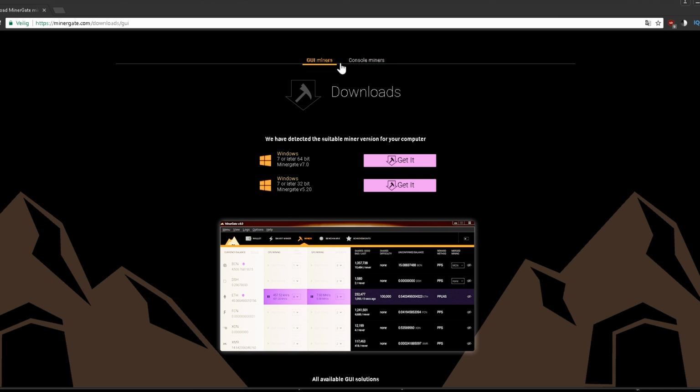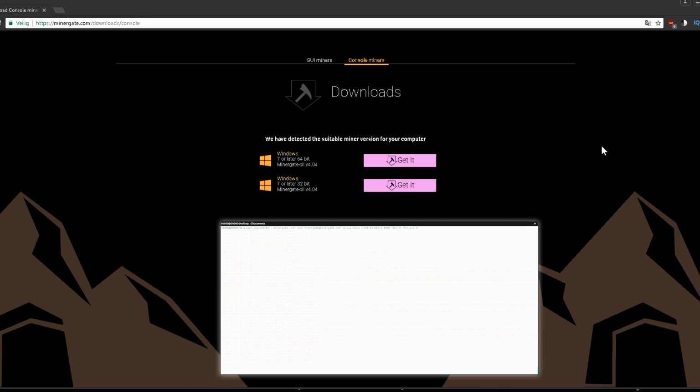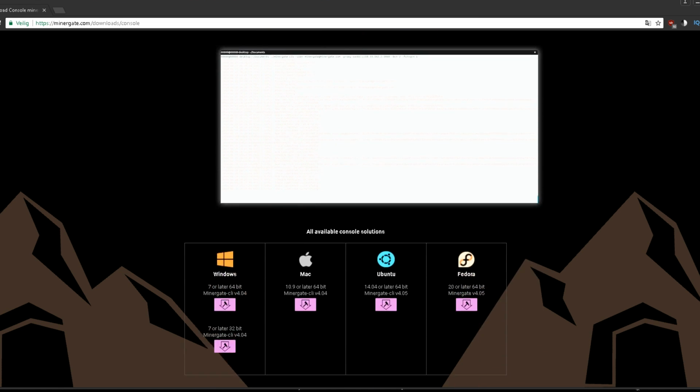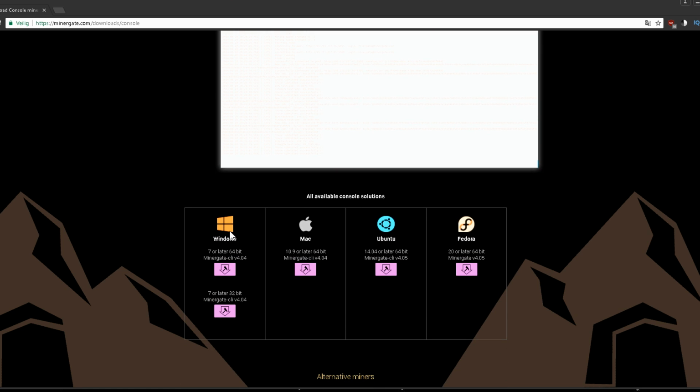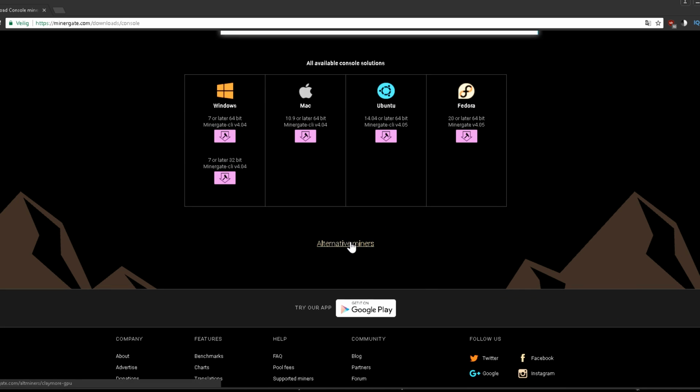Here you have console miners, which can be handy for servers and certain configurations where it's harder to run a normal program. You can download them for Windows, Mac, Linux, and also you have an alternative miner link.